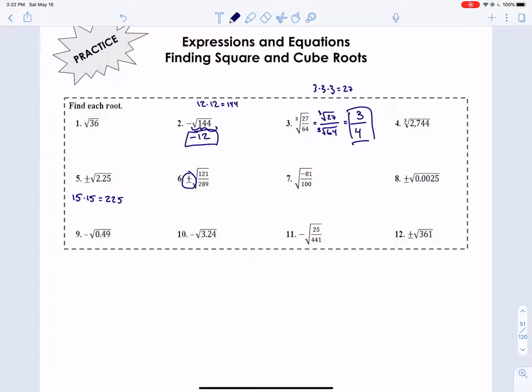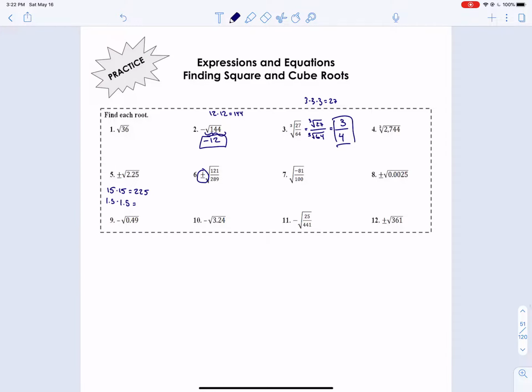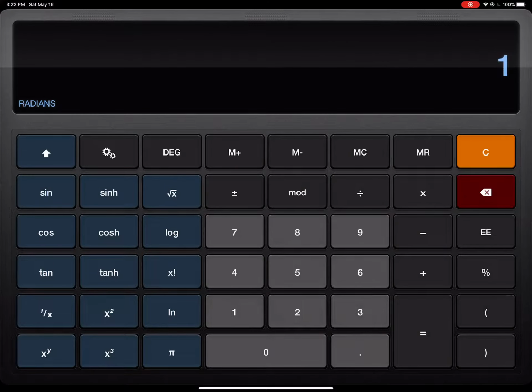But we don't want 225. We want 2.25. So what if I tried 1.5 times? It has to be this exact same, so we have to do the same thing. We can't do 1.5 times 15. It has to be 1.5 times 1.5. So try that in your calculator. So 1.5, let's do it here. 1.5 times 1.5 equals 2.25.